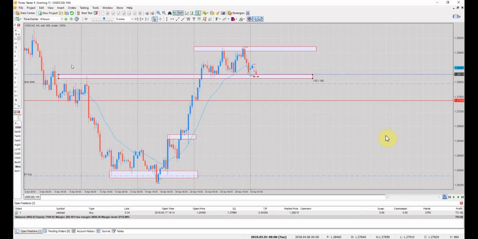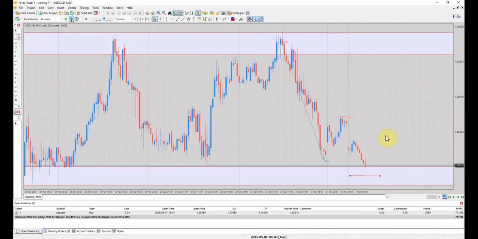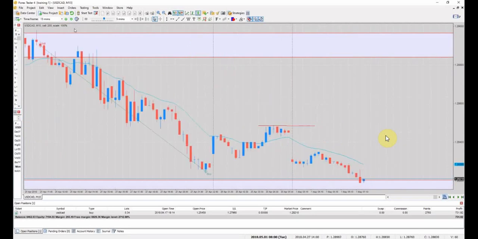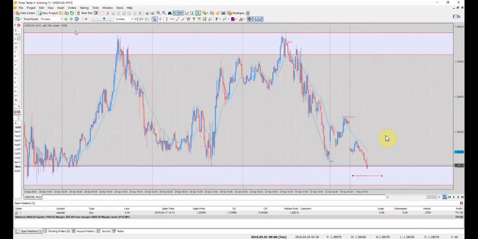Then let's see, actually we are testing this method. We are going to find the right entry point, testing on Forex Tester, and find out which is the safest stop loss area so that our stop loss will not be taken out.